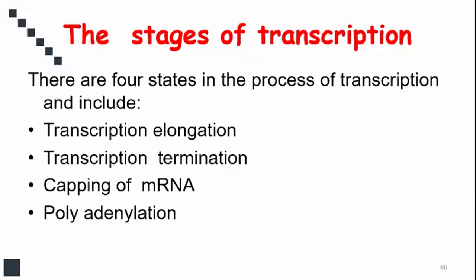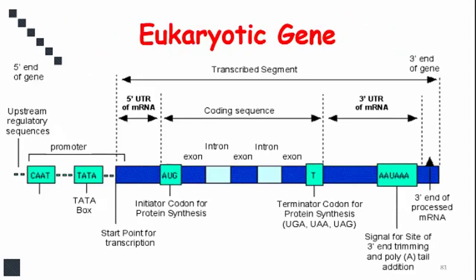Okay. There are stages in this process of transcription, and they include transcription elongation, transcription termination, capping, and then polyadenylation. Remember, for us to appreciate this process, we need to look at the structure or the anatomy of the eukaryotic gene.